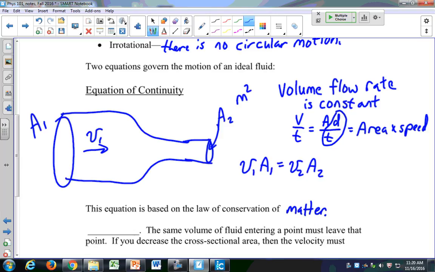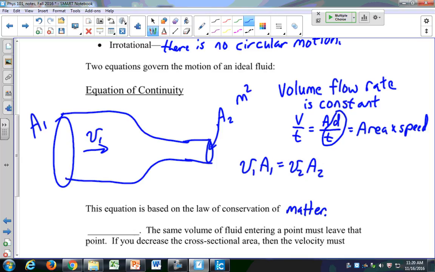I'm sorry, I think I usually write it the other way. A1 v1 is A2 v2, and that's how it is on your equation sheet. But this comes about from our volume flow rate. Be careful here. This is a capital V for volume. This is a script v for speed. So this v1 and v2 represent the speed of the fluid in the pipe.